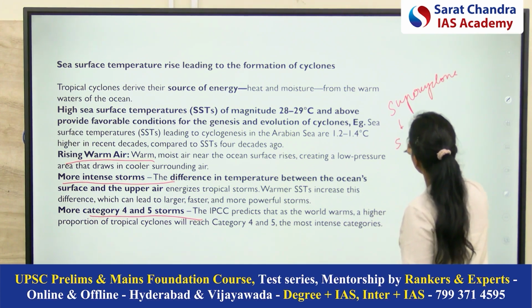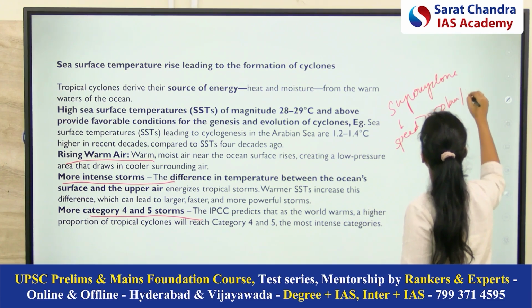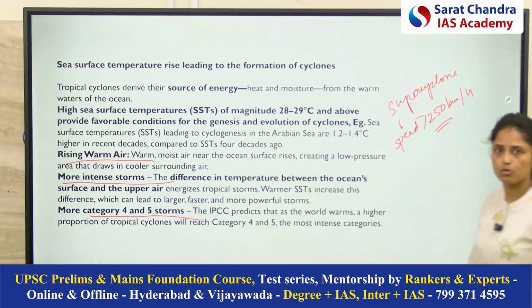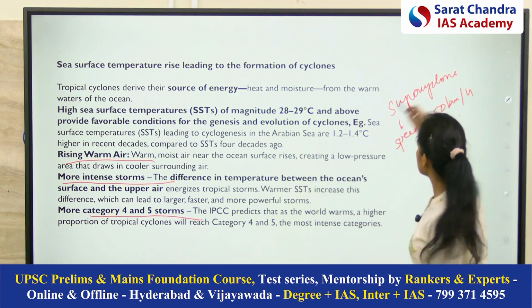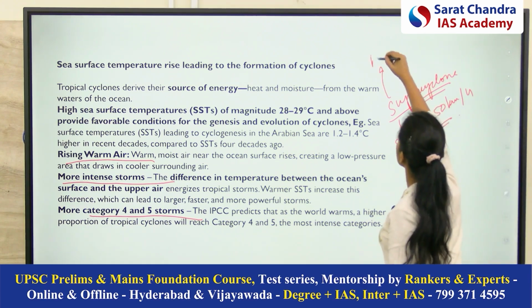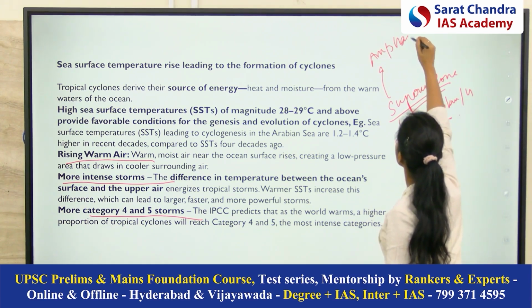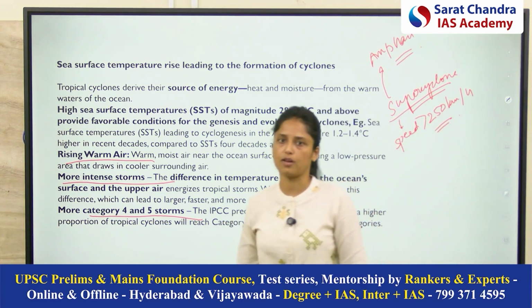When the speed reaches more than 250 kilometers per hour, the cyclone can be converted into super cyclone. And because of the temperature rise of the sea surface, these conditions can increase in future. So the cyclone in India, Amphan tropical cyclone, got converted into a super cyclone, which resulted in havoc.